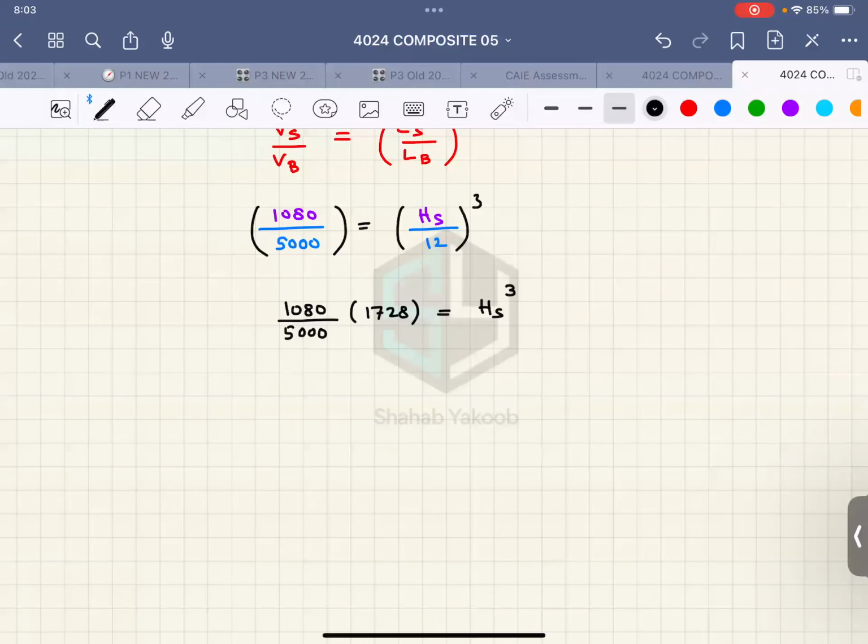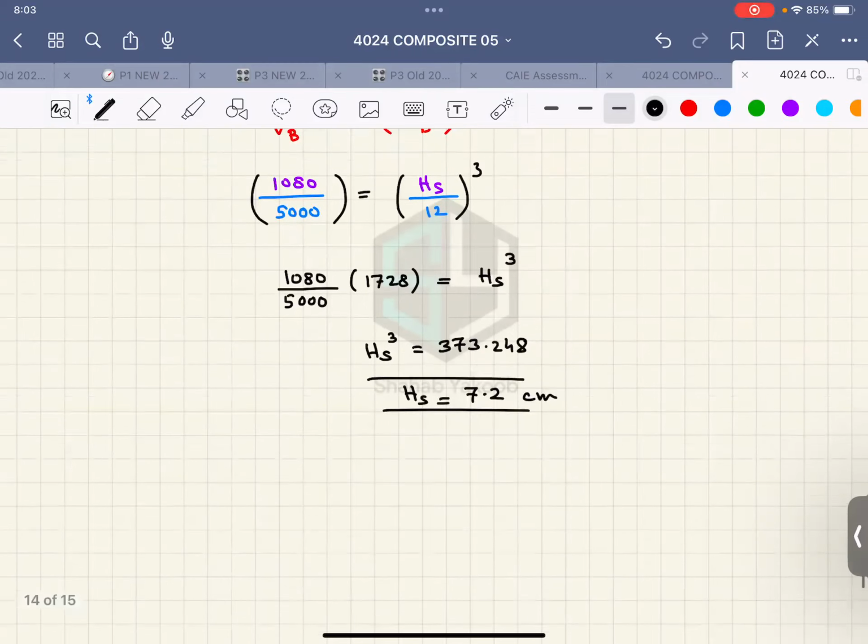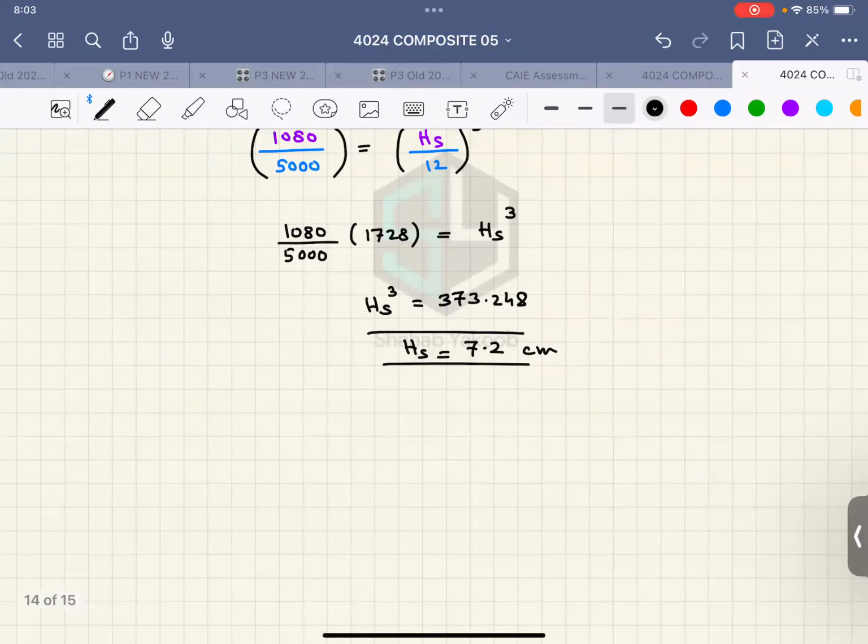This is 1866240 divided by 5,000. This comes out to be HS cube as 373.248. Let me take the cube root. So HS, the cube root of this thing is 7.2. So HS is 7.2 centimeters. That is exact.